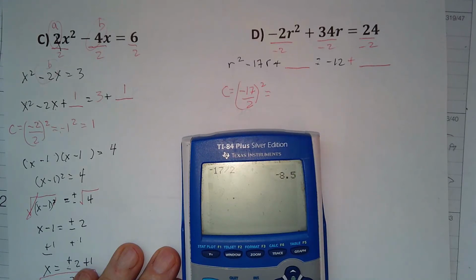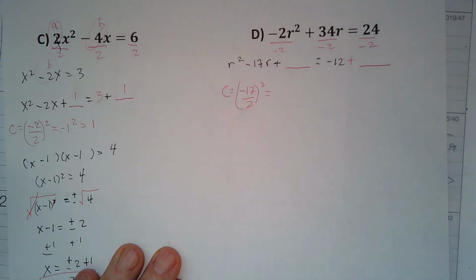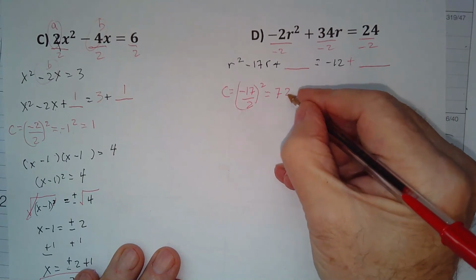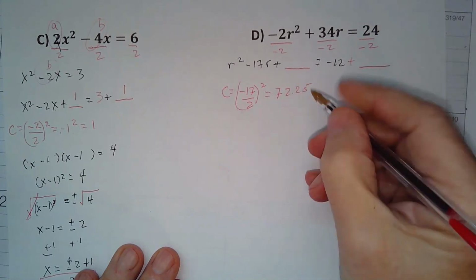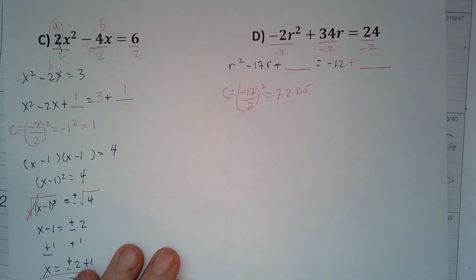So that answer, I'm just going to do this like I'm doing arithmetic. So that answer now squared. So that's 72.25. So I just turned this all into a decimal, 72.25. Okay. All right. So that's what C is. So let's just rewrite this.